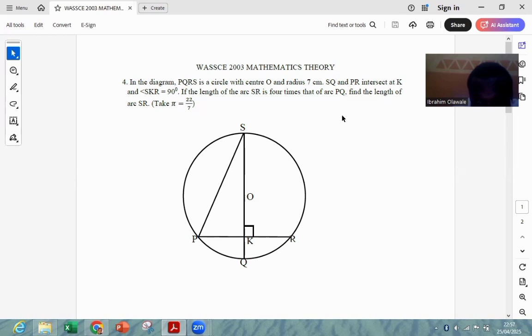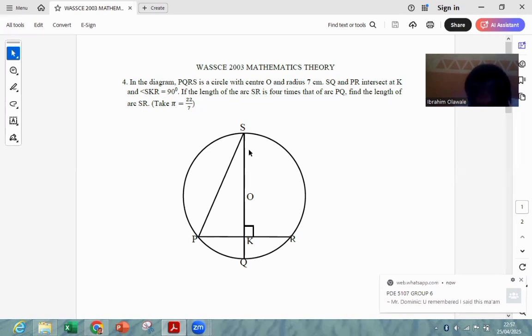Today we want to look at WAEC 2003 Mathematics Theory. And we have the question as follows. In the diagram, PQRS is a circle with center O and radius 7 centimeters.